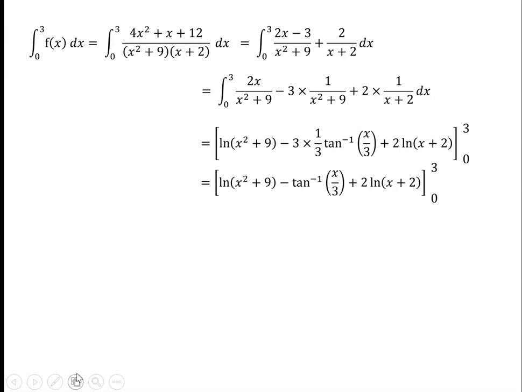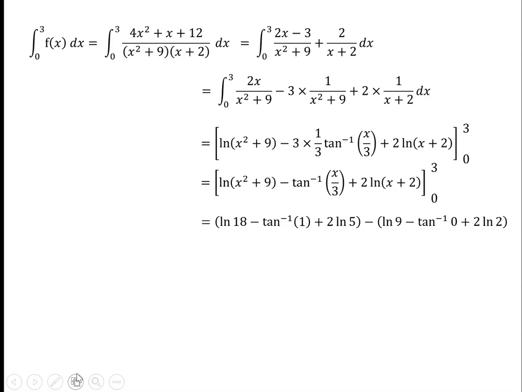So I've got to insert the value x equals 3 into that expression and then subtract the value when I insert x equals 0 into that expression. So I've got natural logarithm of 18, take away tan to the minus 1 of 1, add 2 times the logarithm of 5.